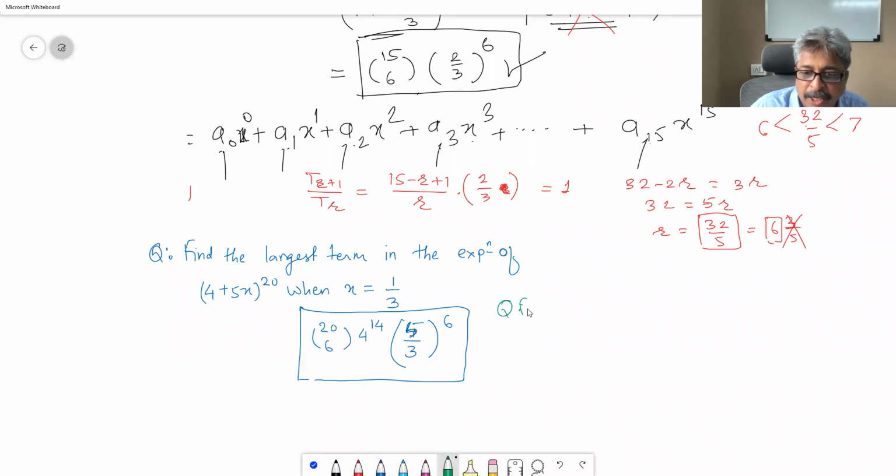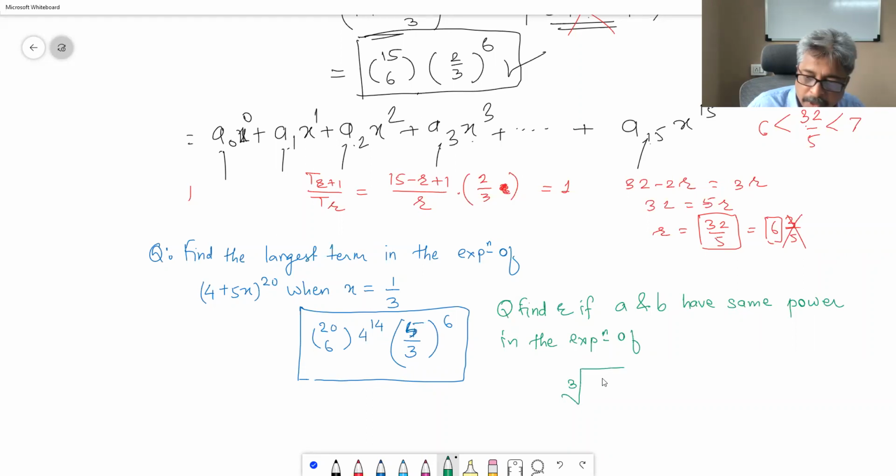Question: find r if a and b have the same power in the expansion of cube root of a upon root b plus square root of b upon cube root of a, raised to 21.